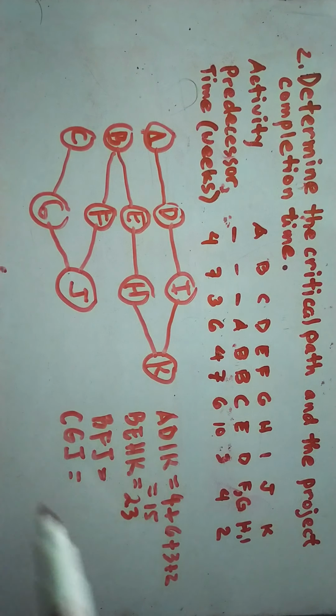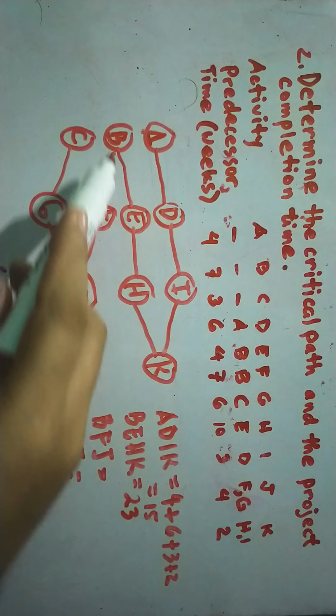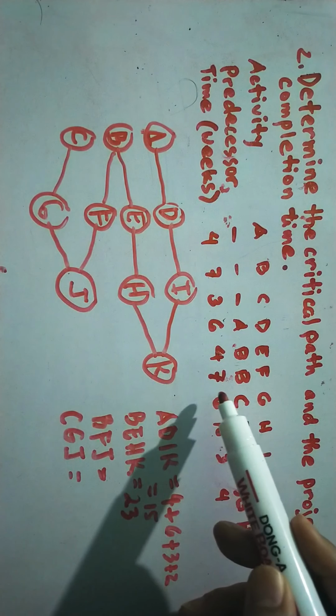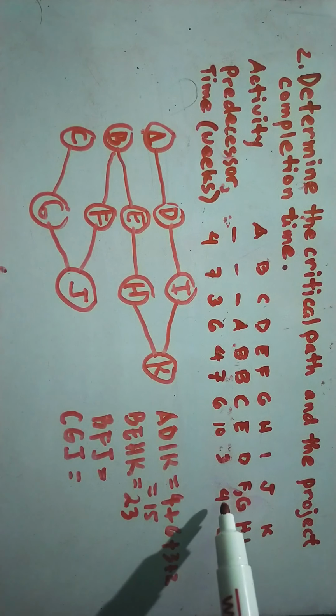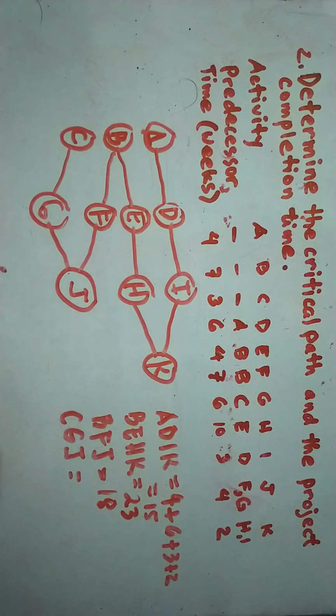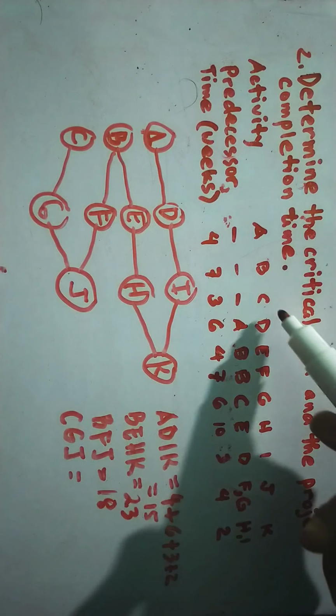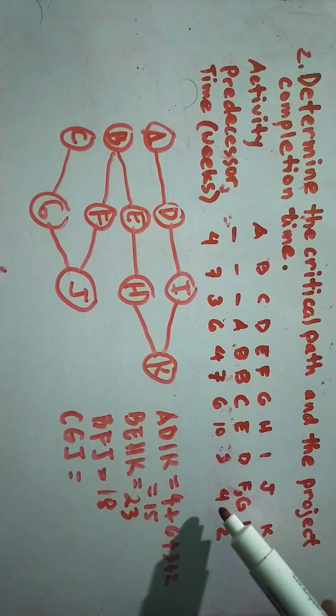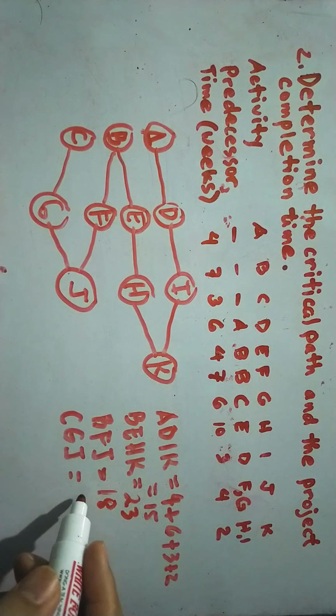Okay. For BFJ, we have here B, that is 7, plus F, that is 7, so 14, plus J, that is 4, that is all in all 18. And then for CGJ, C equals 3, plus 6, plus 4, that is all in all 13.